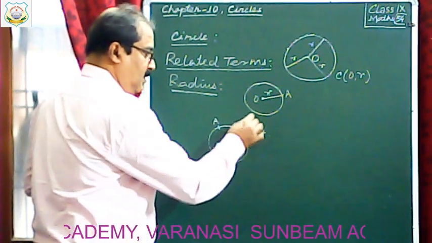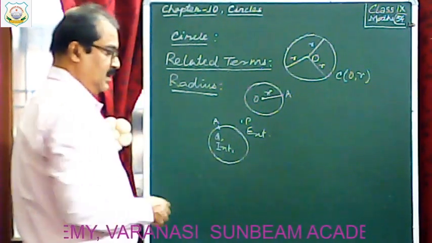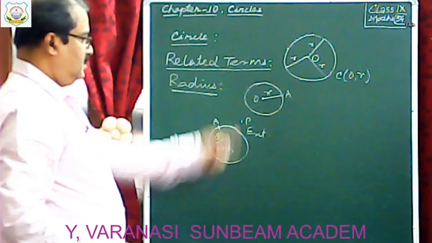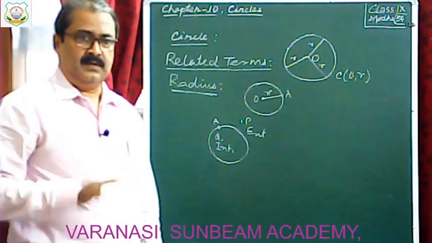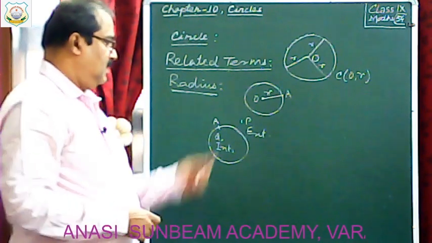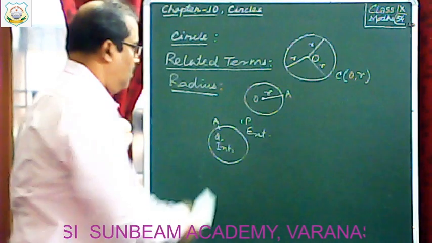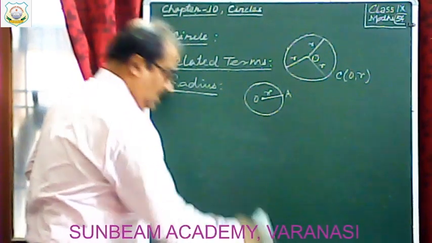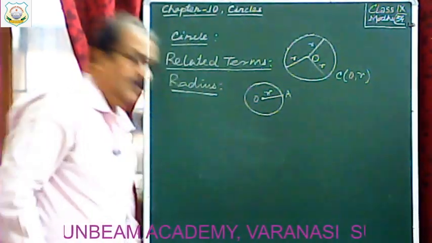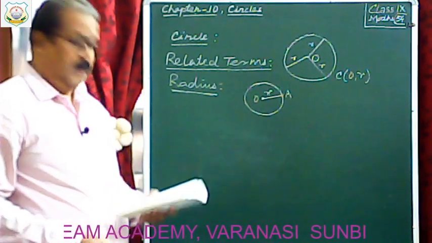So point P is in the exterior of the circle. Point Q, suppose, is in the interior of the circle, and the circle itself. So there are three parts: exterior, interior, and the circle. So a line joining the center to any point on the circle is known as radius.